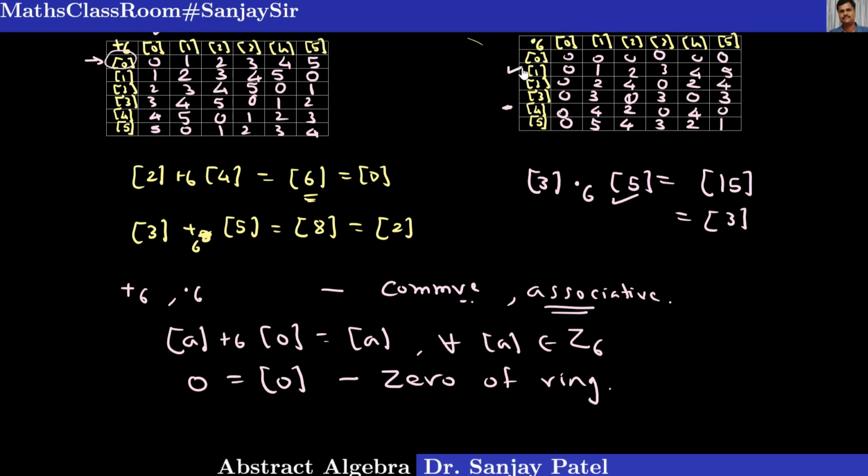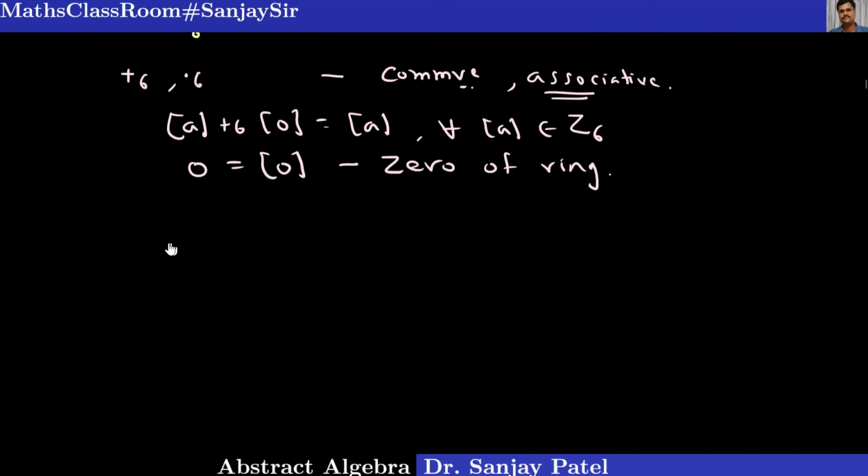So let us consider the element class 1. Just opposite to this class 1, all the numbers written here, 0, 1, 2, 3, 4, 5, are the exact copy of this title row. Same way, if you take class 1 here, then you will get a copy of this title column, 0 to 0, 1 to 1. So therefore I can say 1 can be taken as an identity element for multiplication.